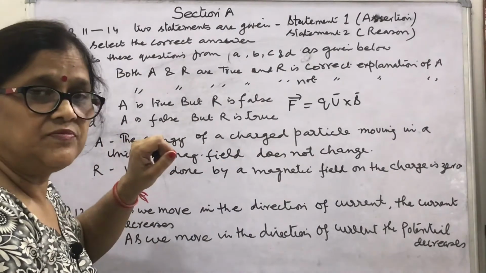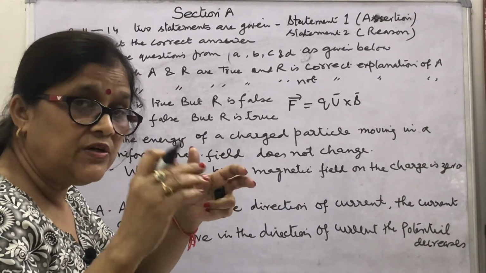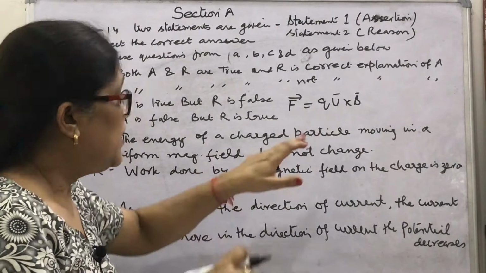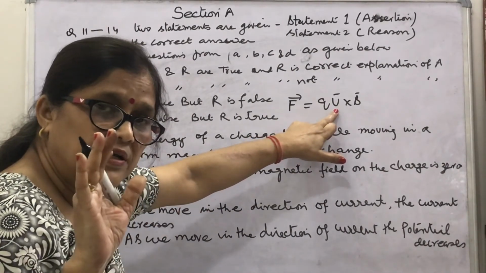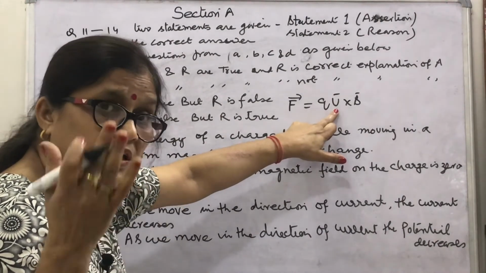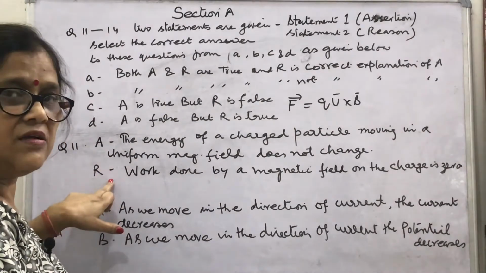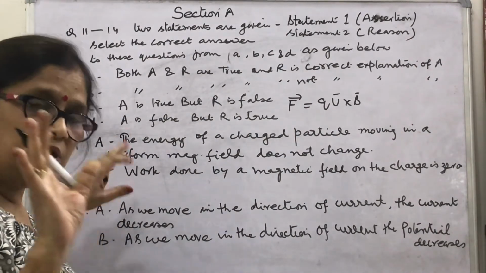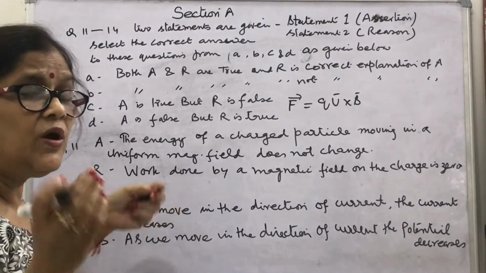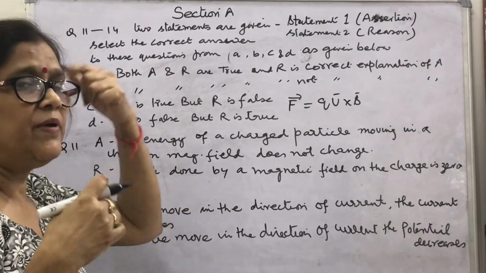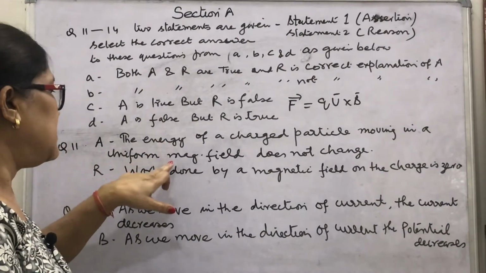Energy and work done are the same. Work done depends on force dot displacement. If force and velocity are perpendicular, will there be work done? No. Will there be a change in energy? No. So look here, are both A and R true or not? In the given question there are two lines. You have to read properly and apply your mind to say whether this one is correct, and this one is correct.